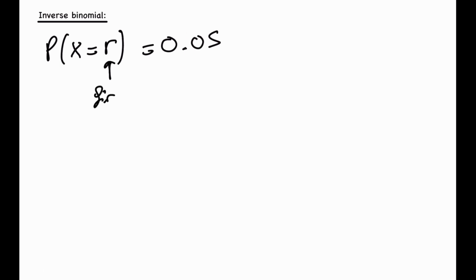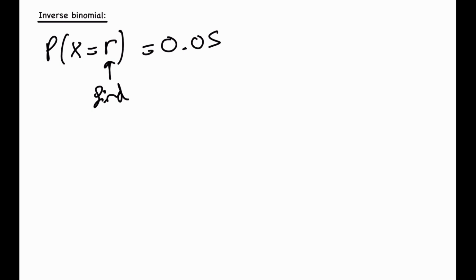So now let's move on to inverse binomial. In this case, we're working backwards. This is when you have, for example, P of X is equal to r, or you have an inequality here, and then they give you the probability of the outcome, for example 0.05, and you're trying to work backwards to find r. In this case, you would use inverse binomial. There are a few steps on how to do this.